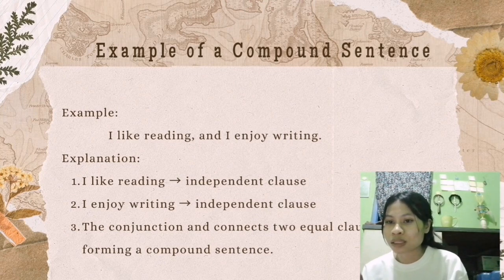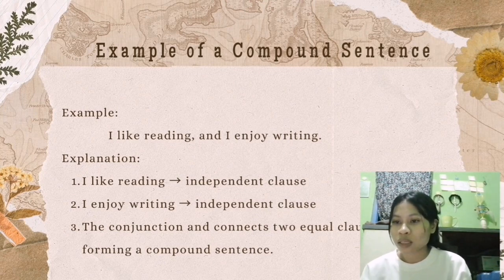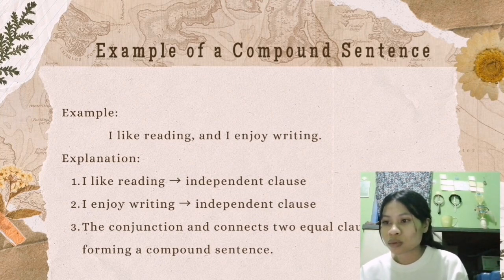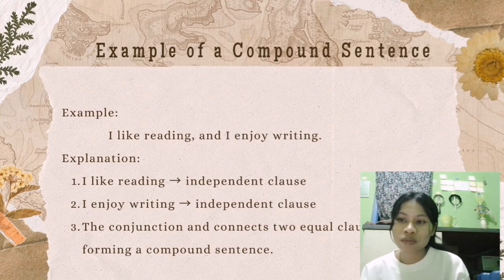Each clause has its own subject and predicate and can stand alone as a sentence. The conjunction and functions as a coordinating conjunction that connects the two clauses equally. There is no clause that depends on or explains the other. So the relationship formed is coordinative.